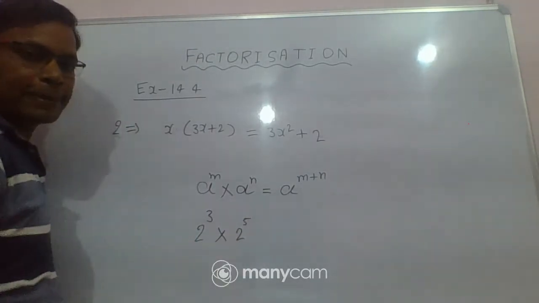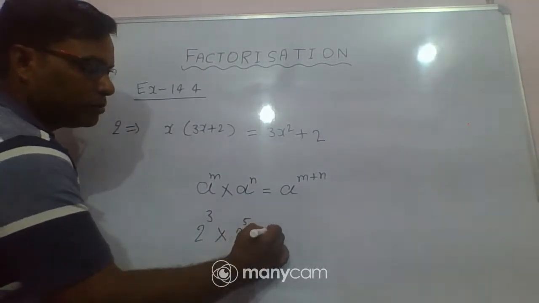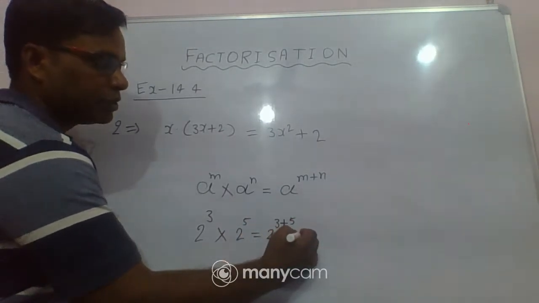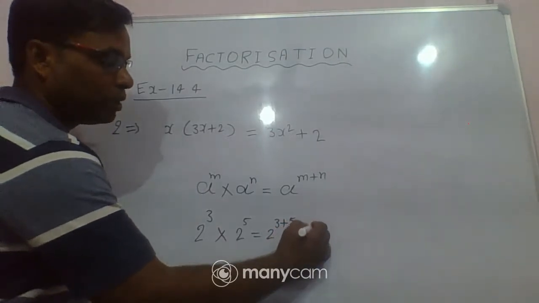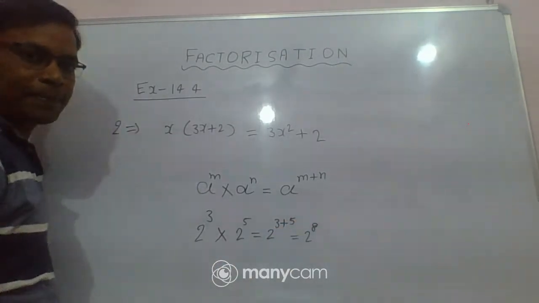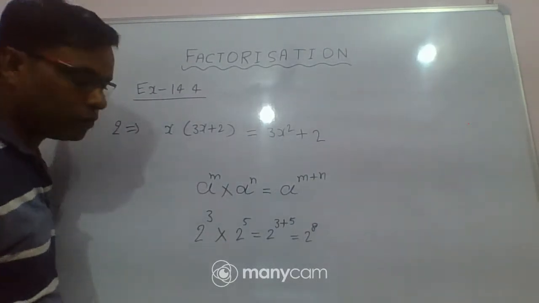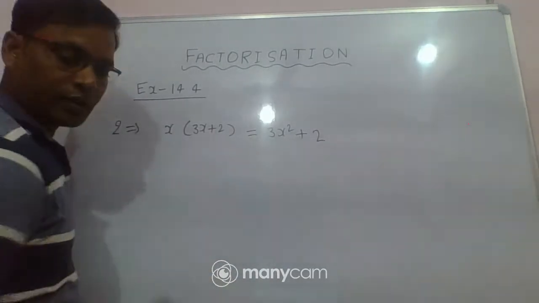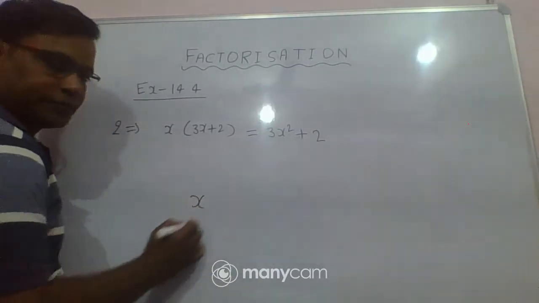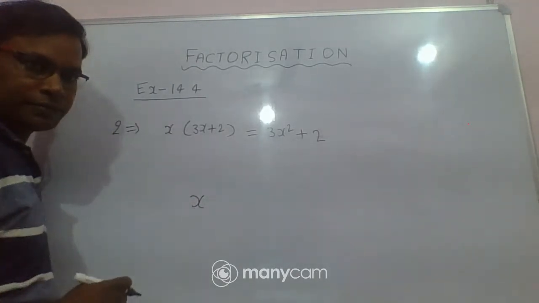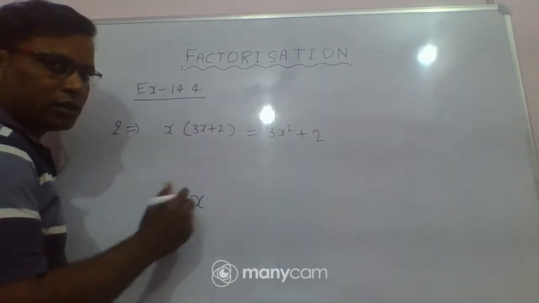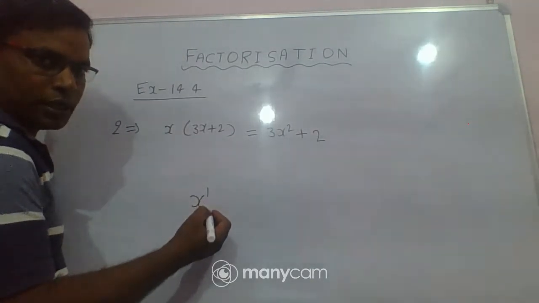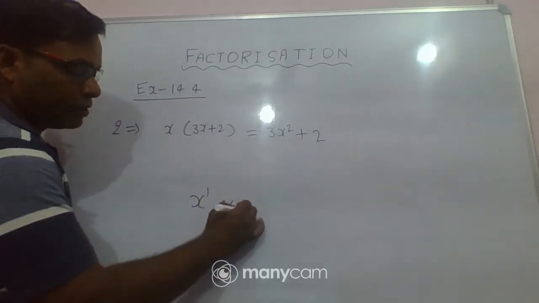Suppose here 2 power 3 into 2 power 5. So it becomes 2 to the power 3 plus 5. It means 2 power 8. Clear? And one more example we want to discuss here. Suppose here x. What is the power of x? Nothing but 1.